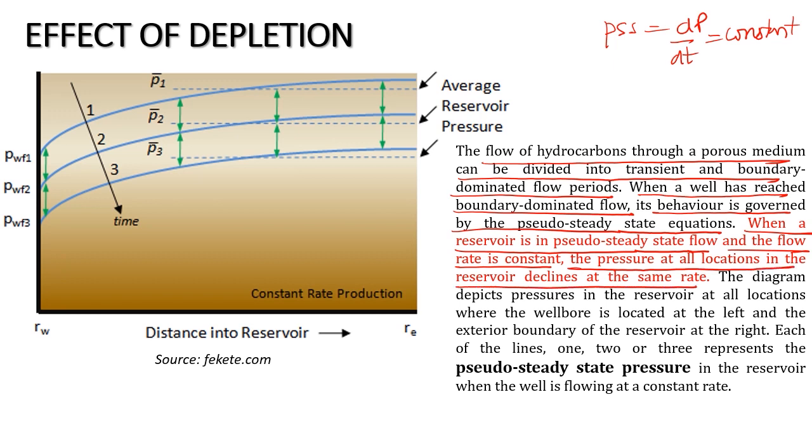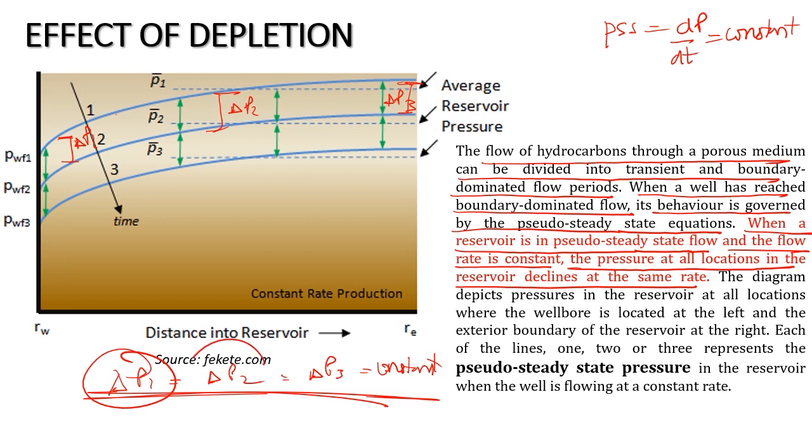Again, let's say this is my delta P1 near the wellbore, this is my delta P2 in the reservoir, and this is my delta P3 at the boundary. So my delta P1 equals delta P2 equals delta P3, and all three will be equal to constant. That means the change in pressure will be constant at the near wellbore, in the reservoir or at the boundary.